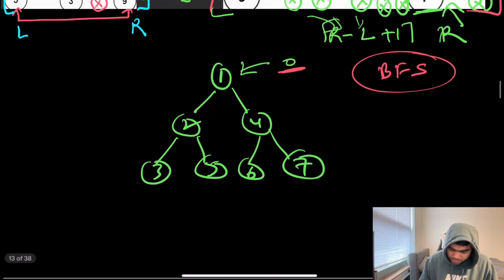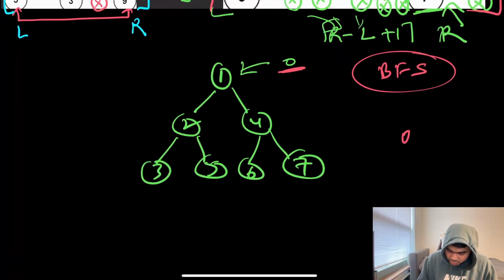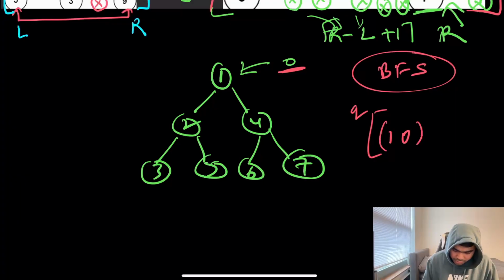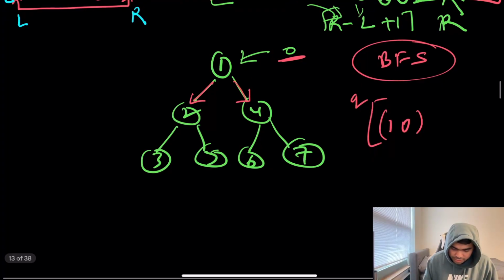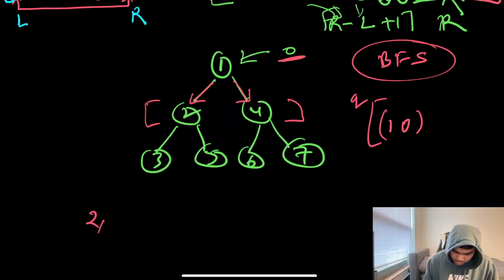So in my queue I will place 0 and 1, and then I will pop it out from the queue, and then I will find out the next left and right indexes for this level's nodes.